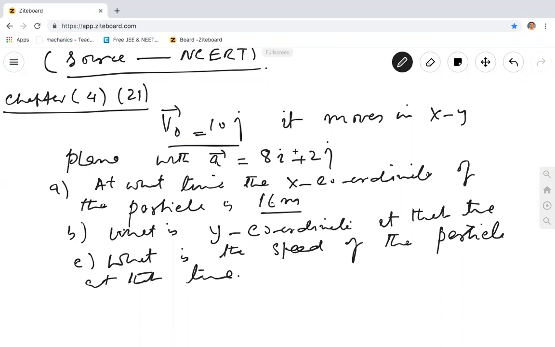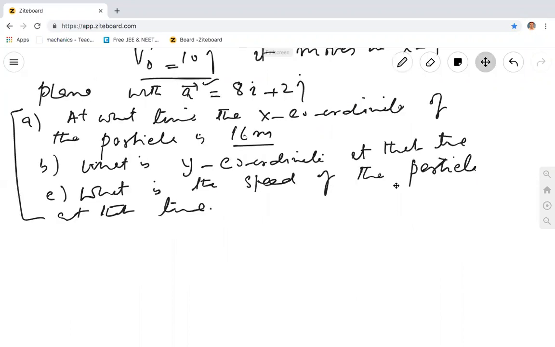It's a planar motion in which only x and y coordinates are needed. It's an xy planar motion. So your initial velocity is given, acceleration is given, and you are asked these three questions. Let me solve this question for you in a stepwise manner.